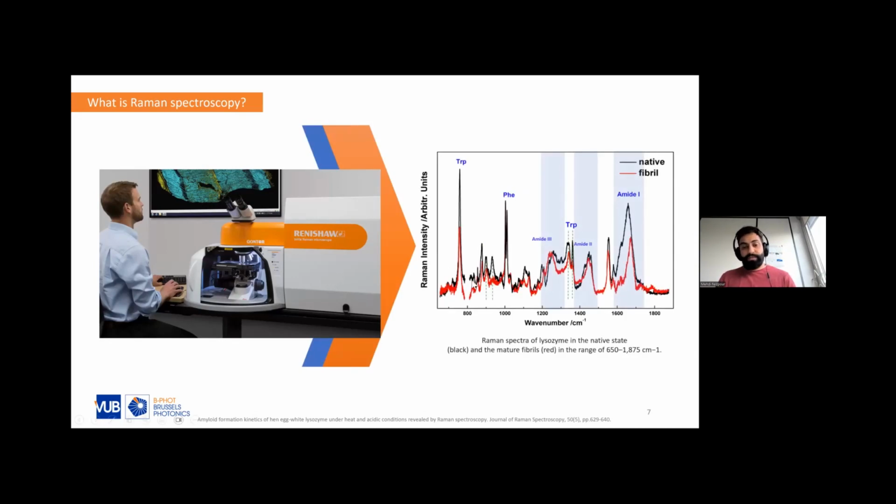So let's say different shifts in energy from the energy that I sent in would be on the x-axis, and then how many photons I got for each energy shift would be on the y-axis. So intensity versus energy shift in my inelastic scattering.